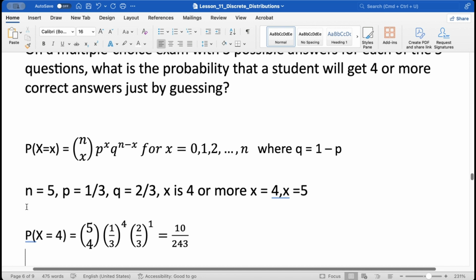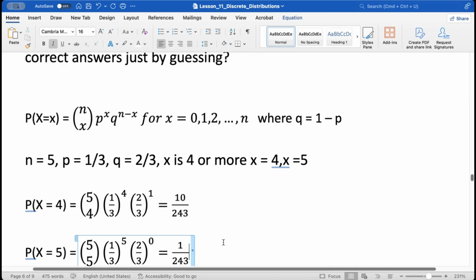For X equals 4, we get 5 choose 4, 1/3 to the 4th, 4 correct, 2/3 to the 1st, 1 incorrect. And then we do the next one, which is 5: 5 choose 5, 1/3 to the 5th, 2/3 to the 0, and that's 1 out of 243.